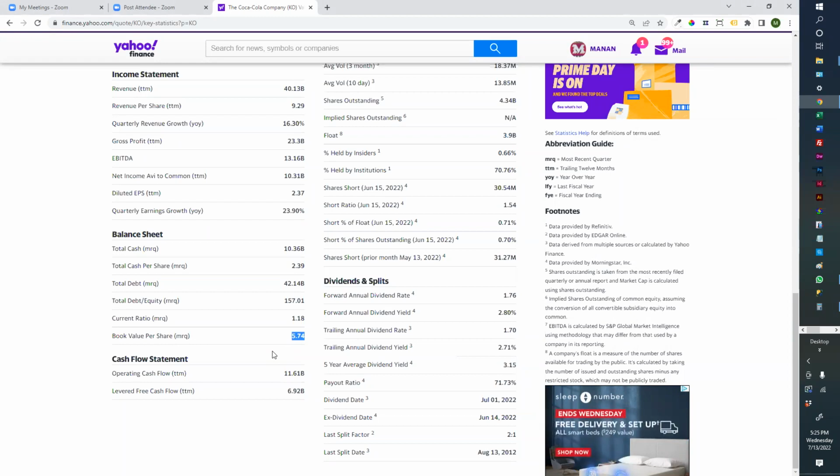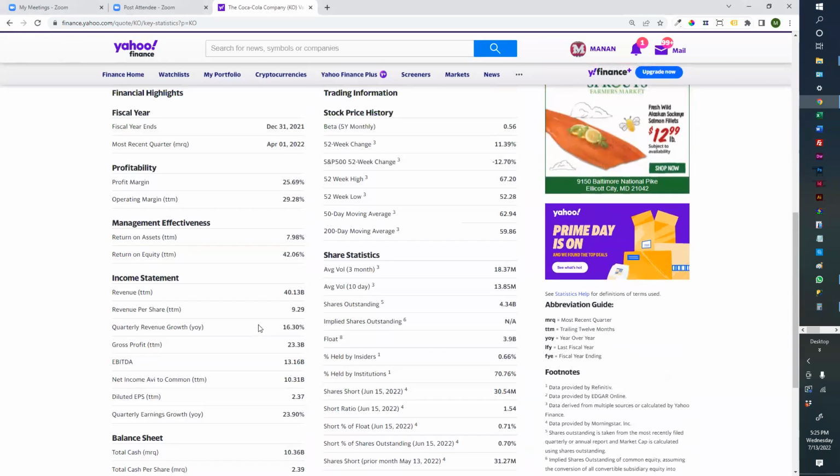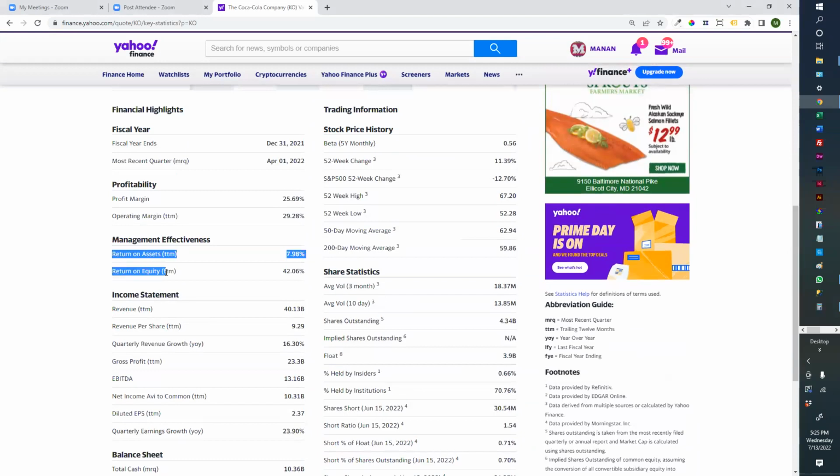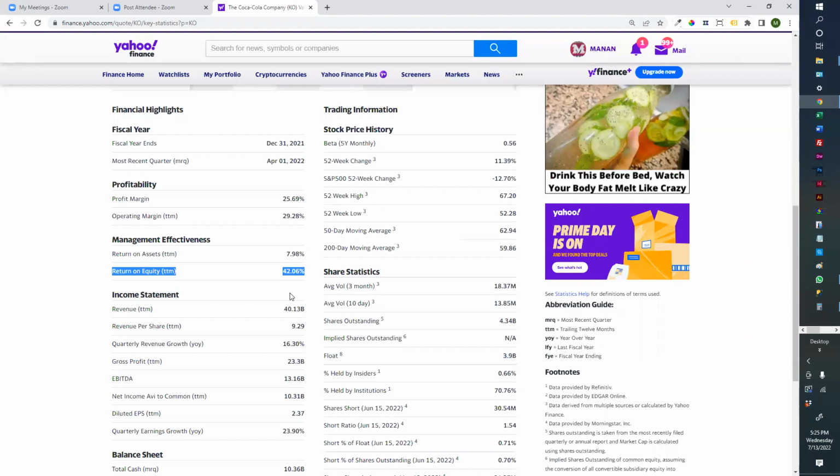Because Coca-Cola is earning, if you see here, a return on equity of 42%. This is just for 1 year, but just think about it. If it keeps doing this for the last 10 years, the market is always going to pay a high price. The market is always going to ask for the premium.